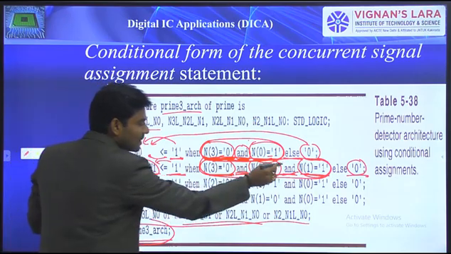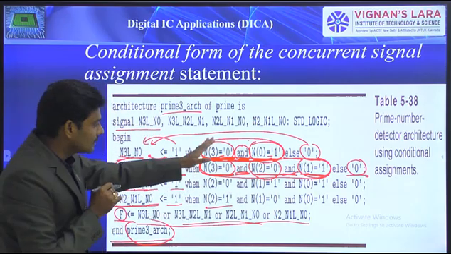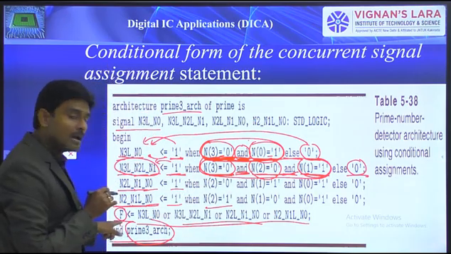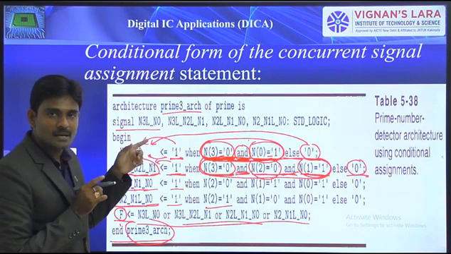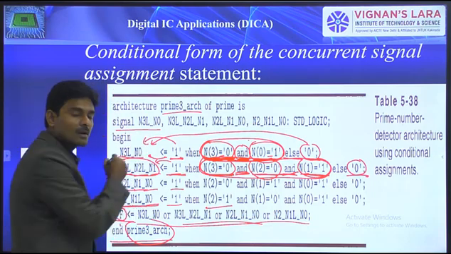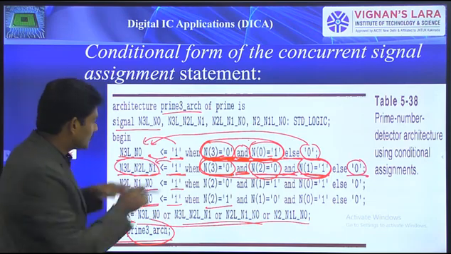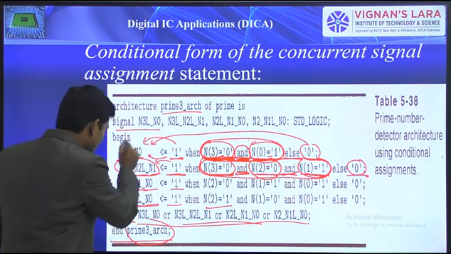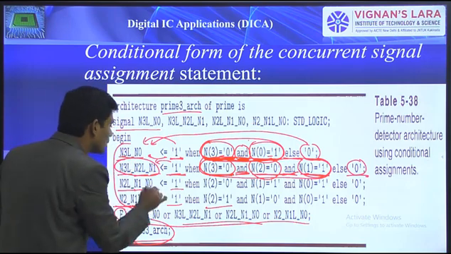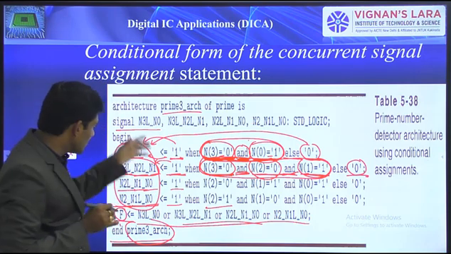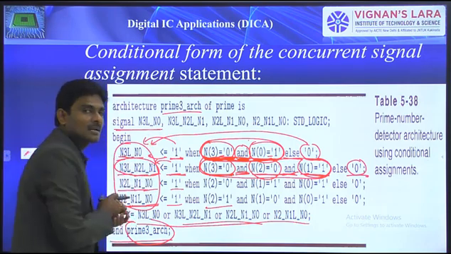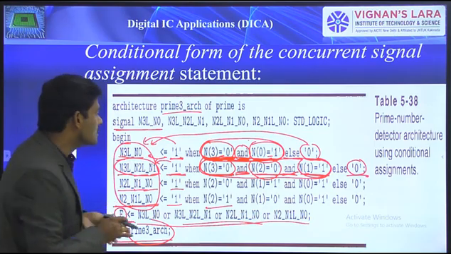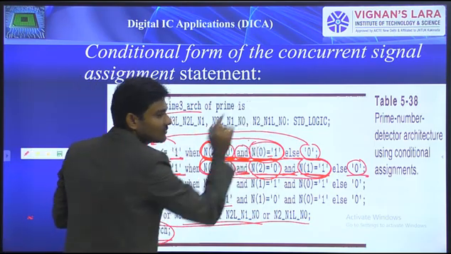All these n of 0, n of 1, n of 2, n of 3, and F are predefined in the entity declaration part, but these signals are not yet defined. But we used those signals within the architecture body. In that regard, we must mention all these four in the signal declaration part.